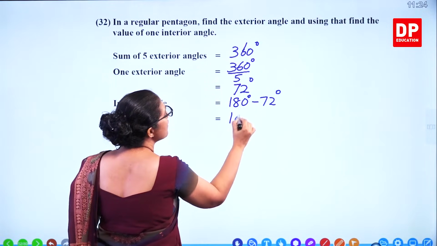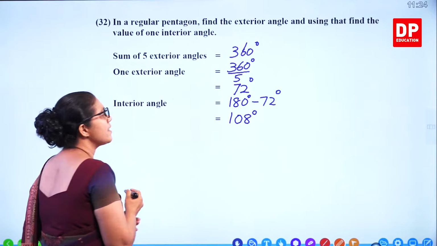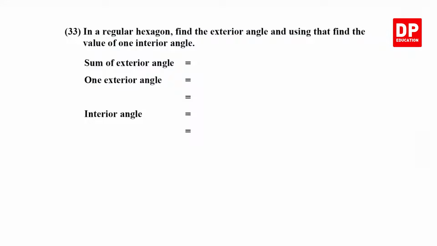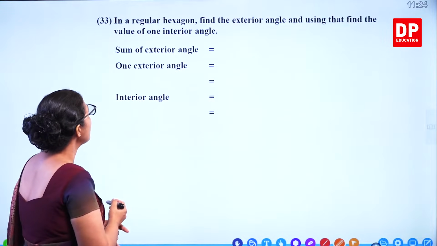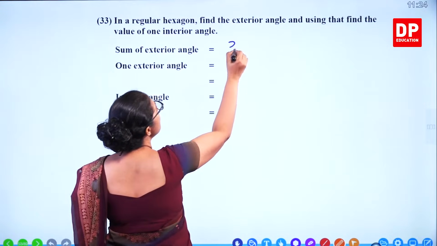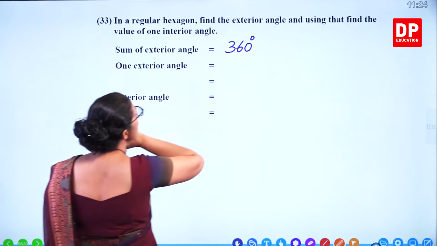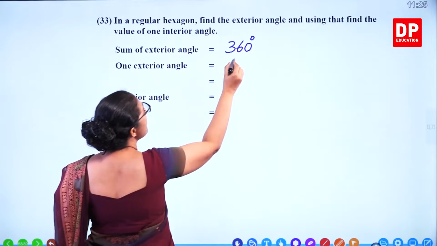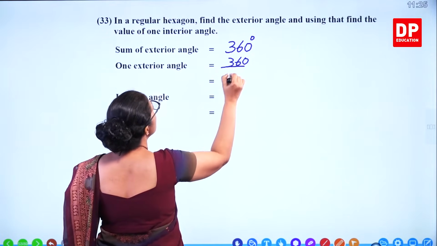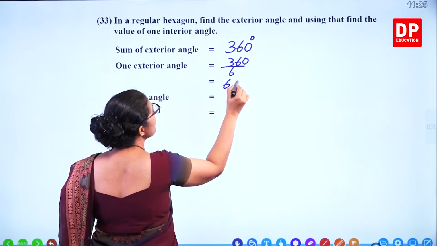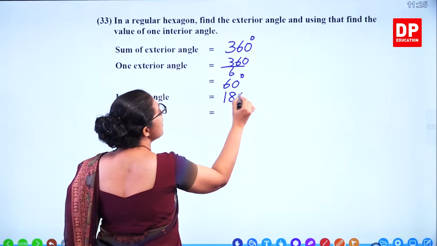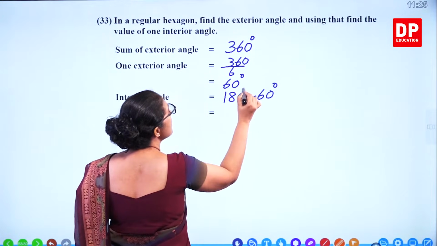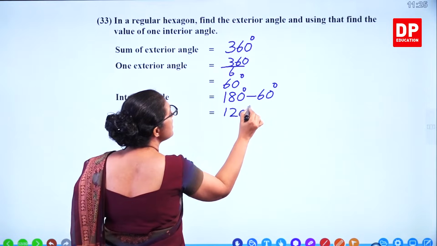So you get 108 degrees. In a regular hexagon now, find the exterior angle and using that find the value of one interior angle. Sum of exterior angles, we know that for any polygon that's 360. So what is one exterior angle? You have to divide by 6. 60 degrees. So what is the interior angle? 180 minus 60, you get 120 degrees.